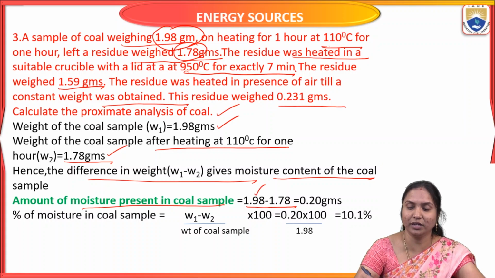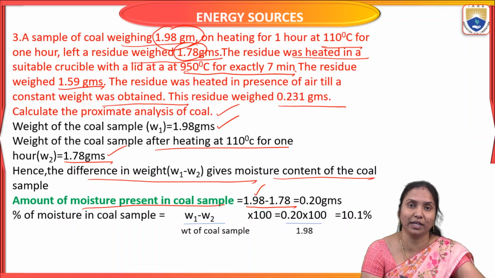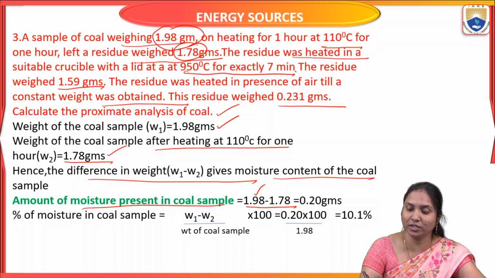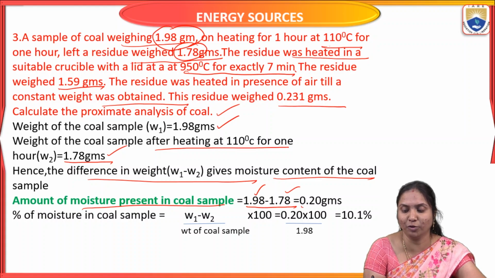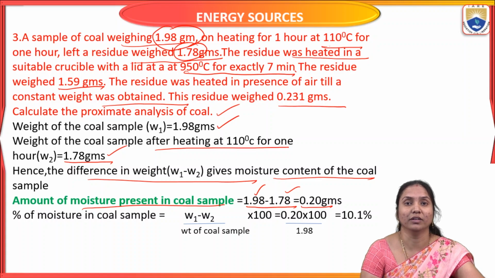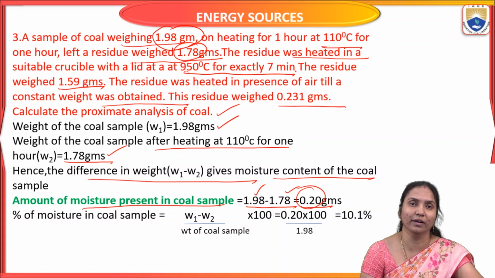Here 1.98 is the total weight of the coal sample taken first, and 1.78 is the weight of the coal sample after heating for 1 hour. So the difference is 0.20 grams. This is expressed as the moisture content in coal.